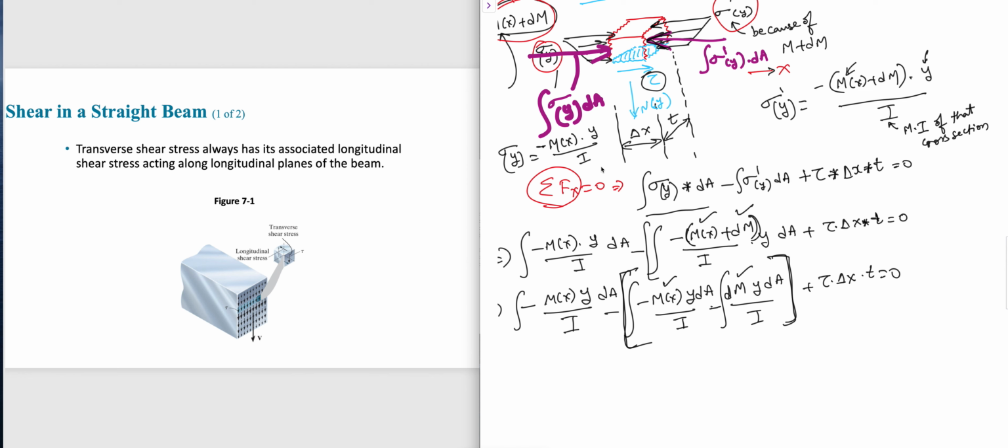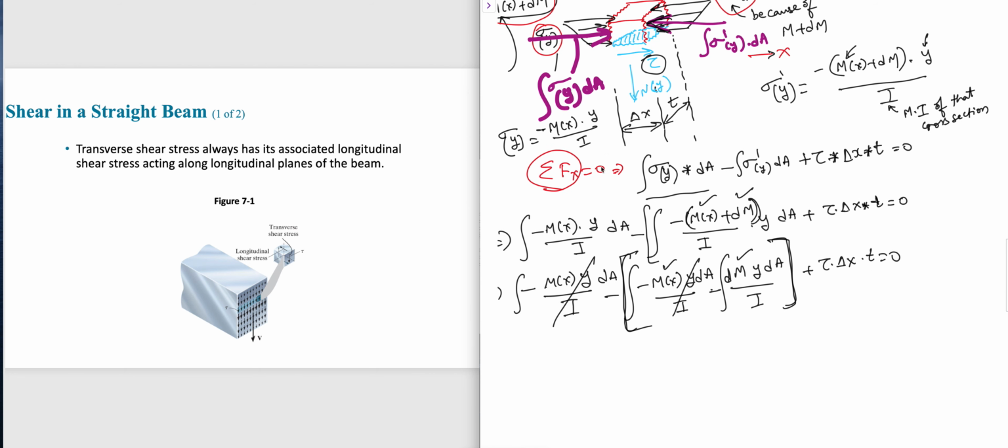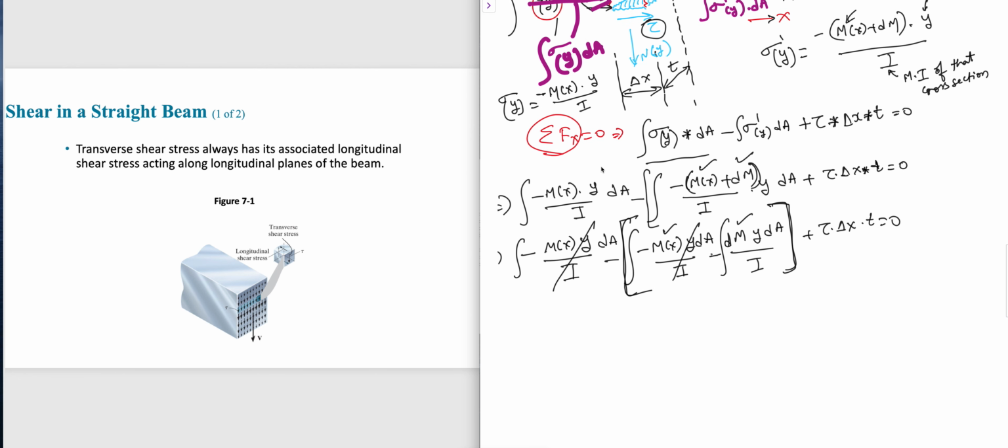So this term here cancels out with this term. What we'll be left with, negative negative is positive, is the integral of dM y dA over I plus tau delta x t equals 0.